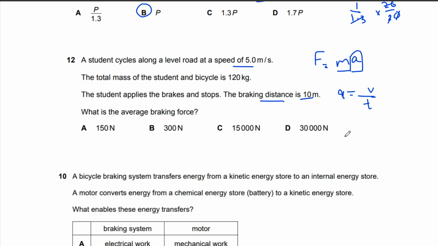So we can use one of the kinematic equations, v squared is equal to u squared plus 2as. v squared, the final velocity, will be 0 because it will stop, and this is u squared plus 2 times acceleration, and s is going to be 10. So acceleration is going to be minus 1.25.